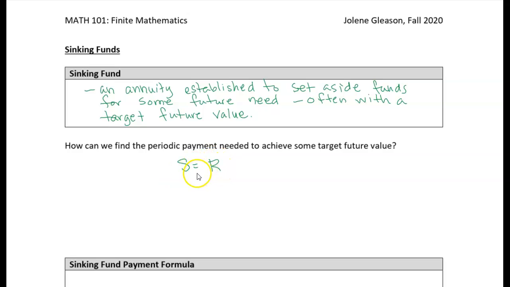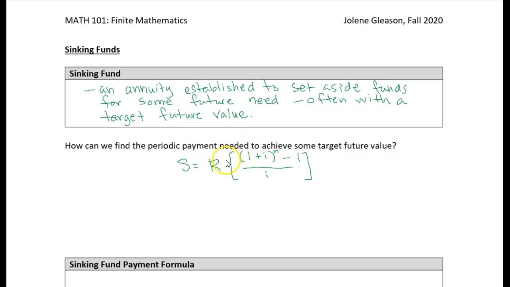The future value of an annuity is equal to the monthly payment times this whole thing in brackets: 1 plus the interest rate per conversion period, to the number of conversion periods for the term, minus 1, all over I. That's the formula that we already have.